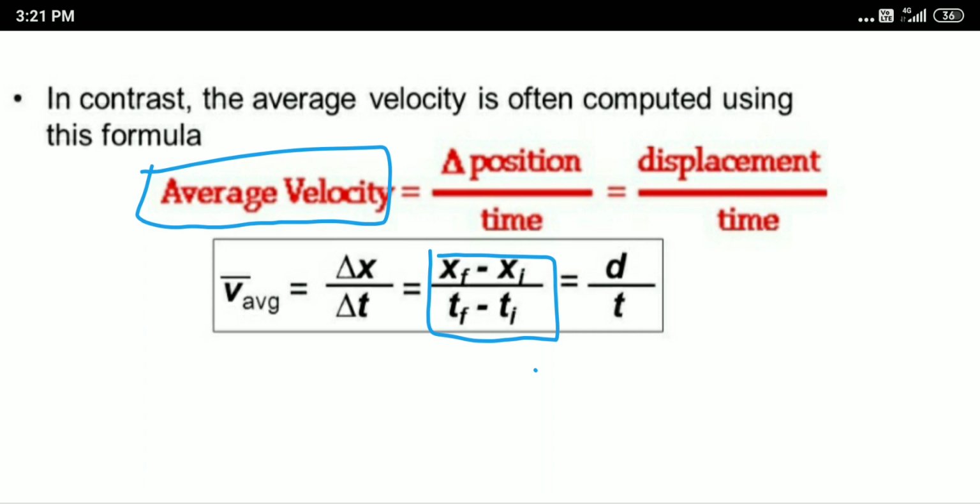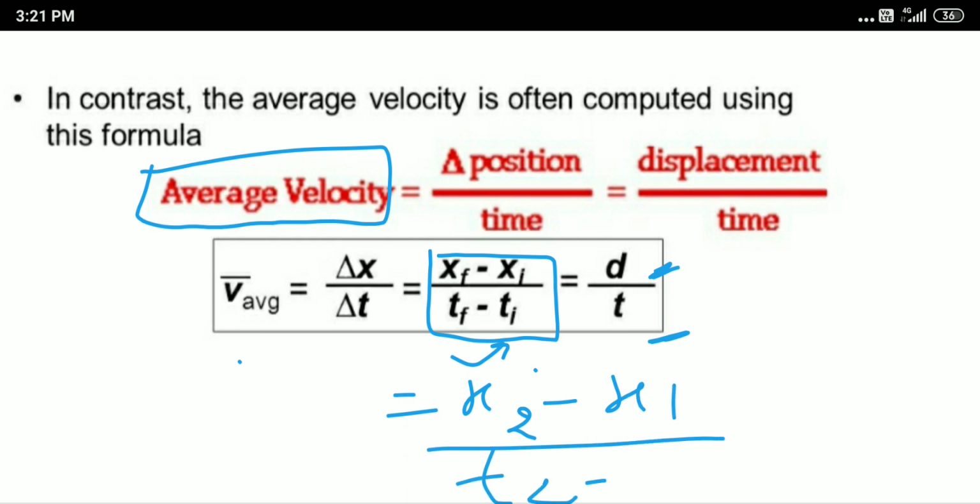When displacement is subtracted from displacement, we will have another displacement. When time is subtracted from time, we will have another time. So average velocity in that case can also be written as x2 minus x1 by t2 minus t1, where x2 and x1 show final and initial.